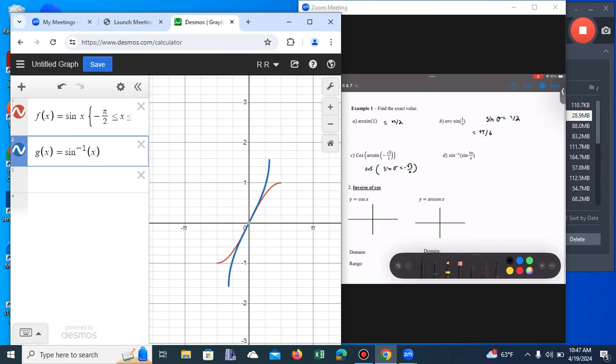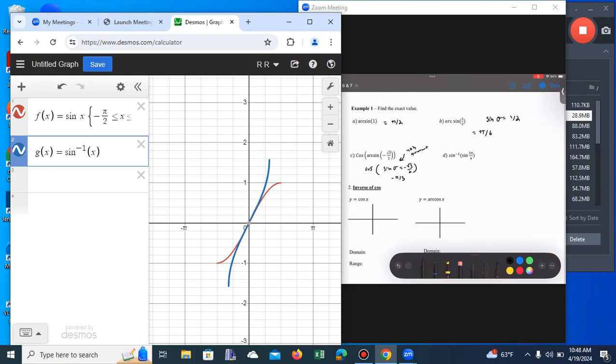A regular square root of 3 over 2 is when you are at pi over 3. So a negative square root of 3 over 2 is going to be negative pi over 3. You're in the fourth quadrant there.